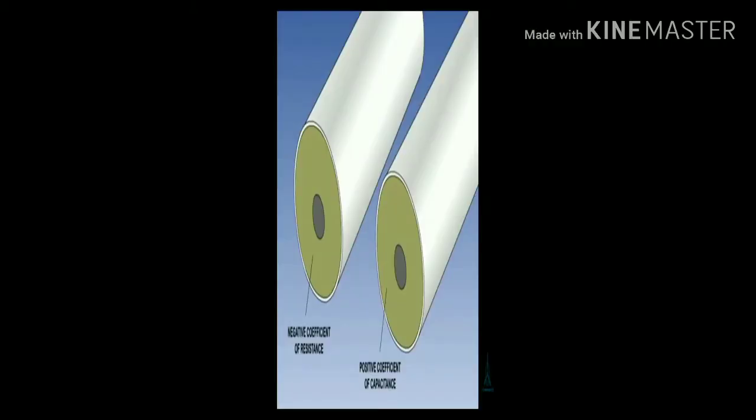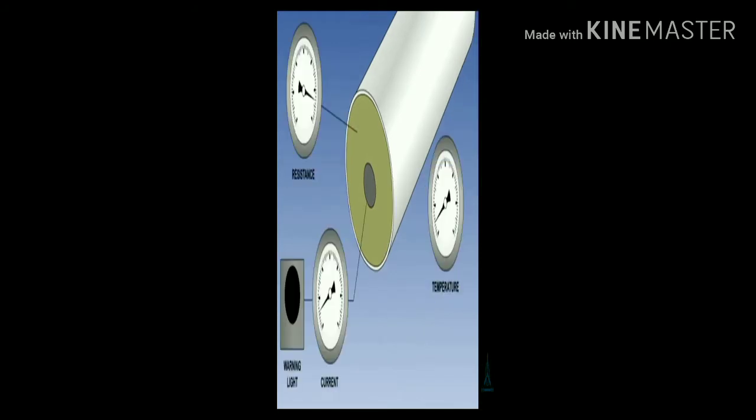In the continuous loop system, there are negative and positive coefficients of resistance. In fire detection, if the temperature increases, the resistance of the insulator material will decrease.